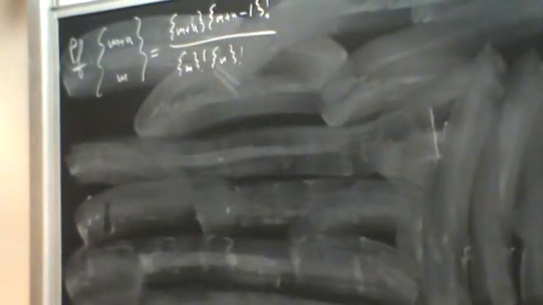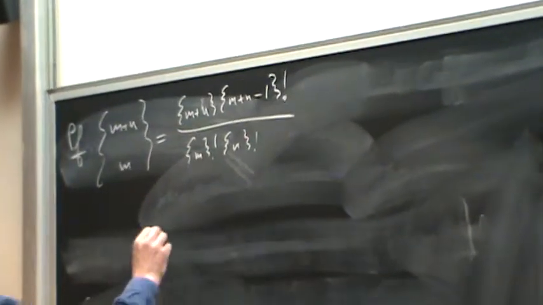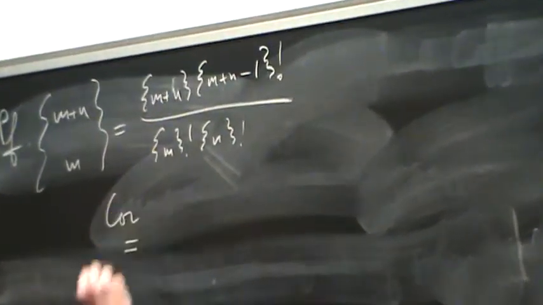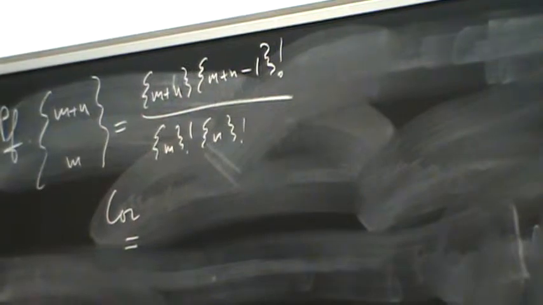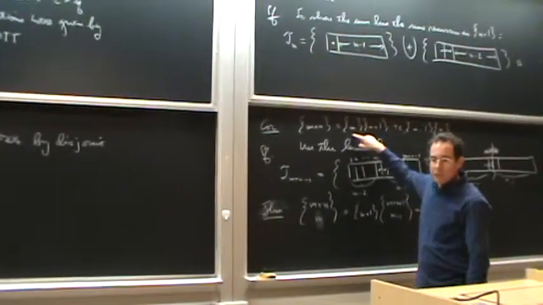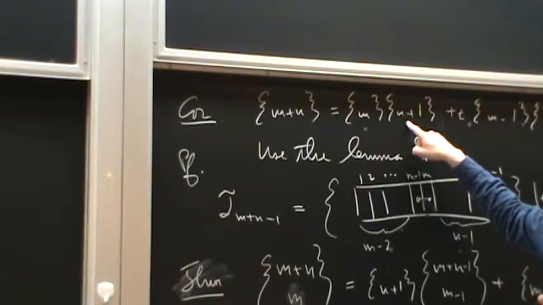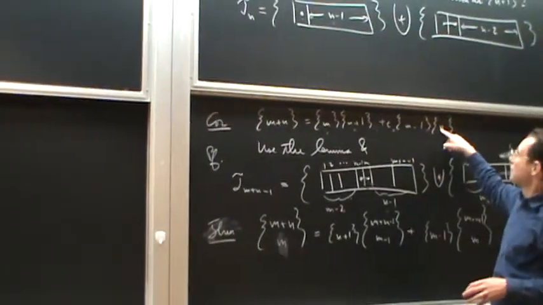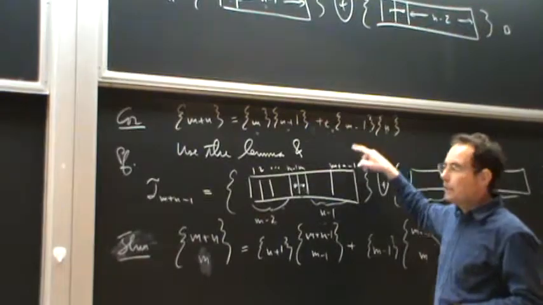Okay, so let's plug in from the corollary what this guy looks like. And what I'm going to do is leave this upstairs in the fraction. I'm going to take this outside. I'm going to leave this upstairs in the fraction, and we take these guys outside.